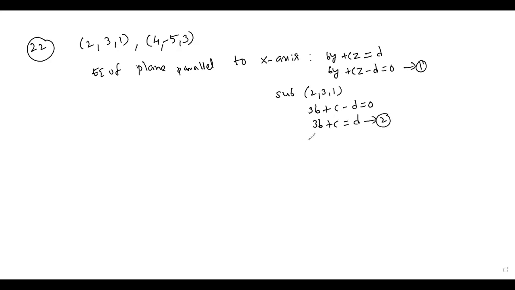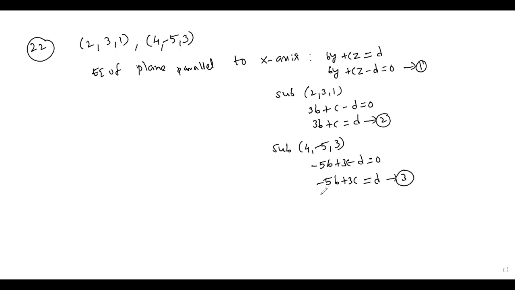Take it as the second equation. Now substitute the other point, 4, -5, 3. No x value, only y: -5b. Z value 3, that is 3c. So -5b plus 3c equal to d.